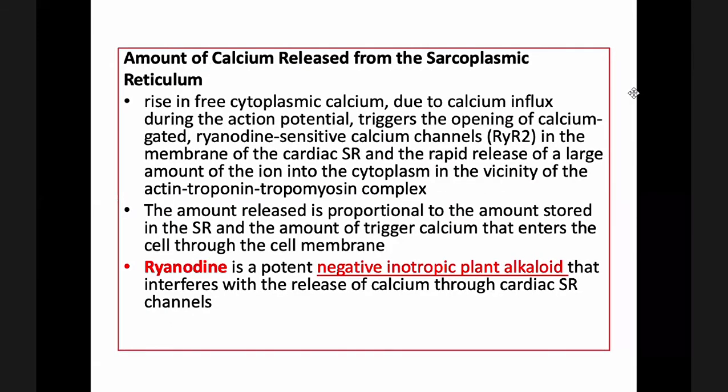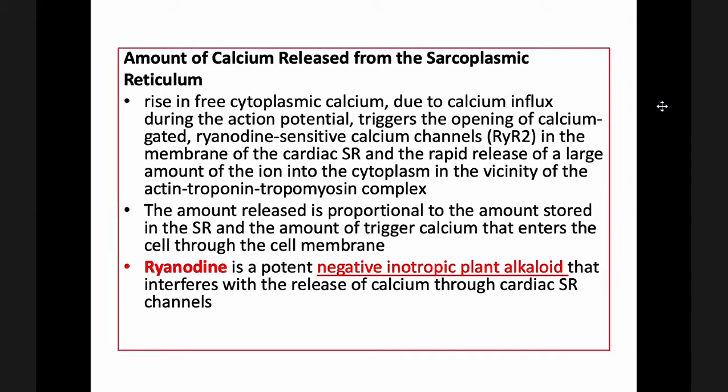Now, the rise in your free cytoplasmic calcium due to calcium influx during the action potential will trigger the opening of your calcium-gated ryanodine-sensitive calcium channels in the membrane of your sarcoplasmic reticulum, and the rapid release of a large amount of this ion into the cytoplasm in the vicinity of your actin-troponin-tropomyosin complex.